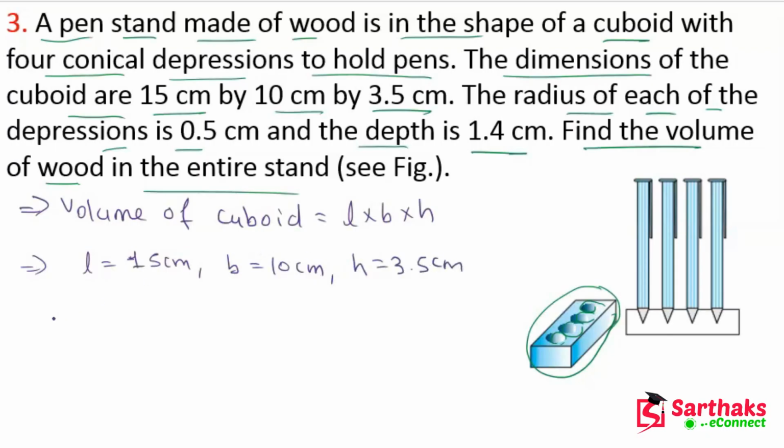So now put the values in this volume. The volume of the cuboid is 15 into 10 into 3.5. This will become 525 centimeter cube, in cubic centimeter.